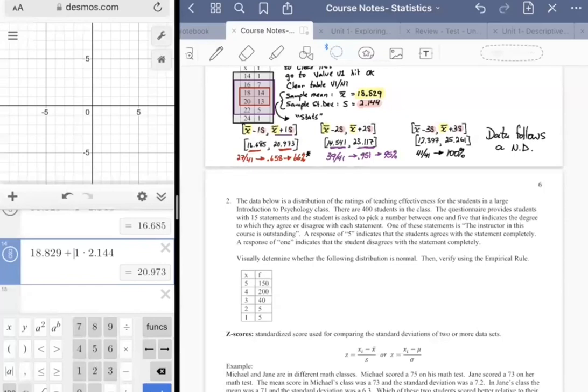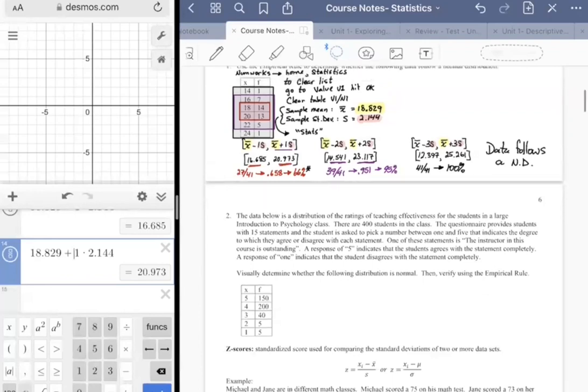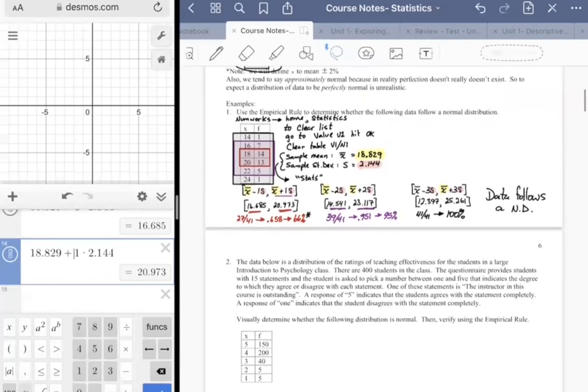All right. So we want to visually determine whether the following is a normal distribution. Looking at the previous example, a normal distribution, first and foremost, needs to be symmetric. It doesn't have to be exactly symmetric. It should be roughly symmetric, with the smallest frequency values associated with the most extreme X values.